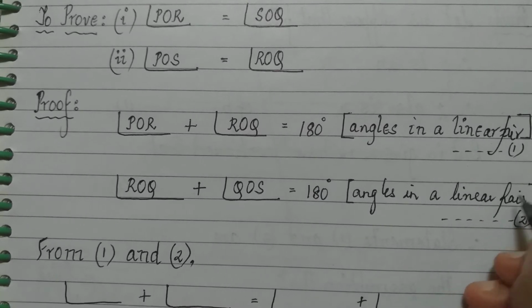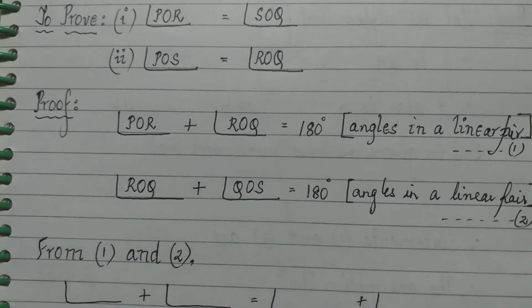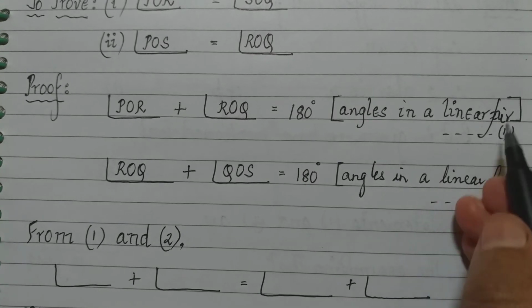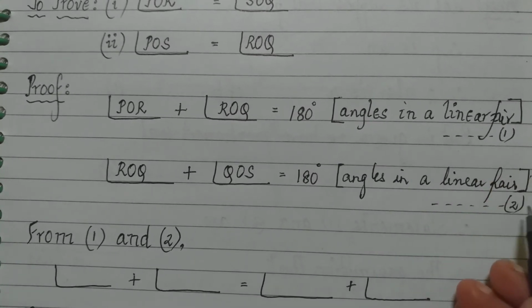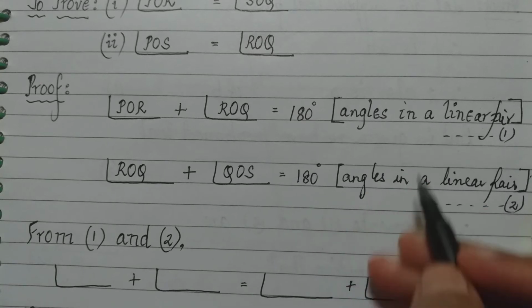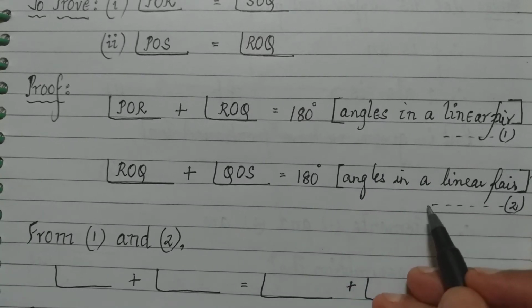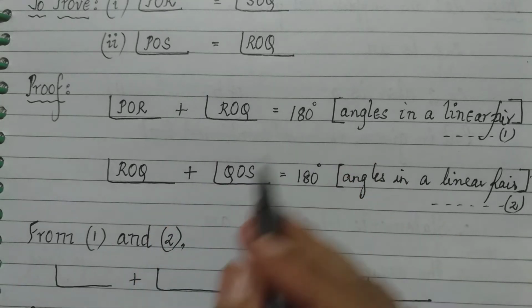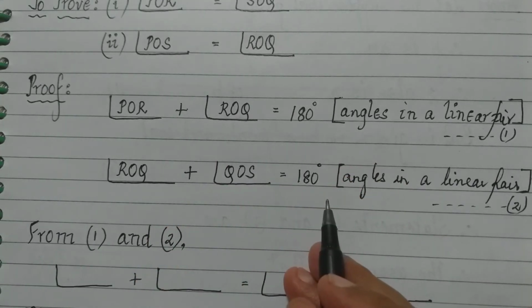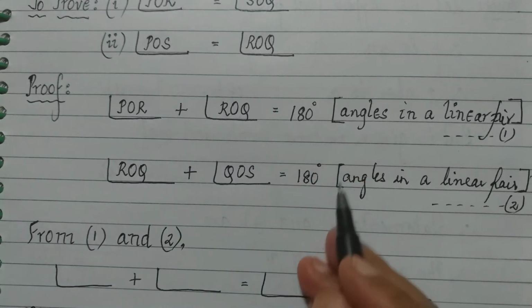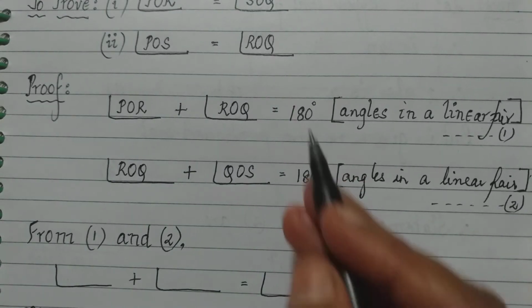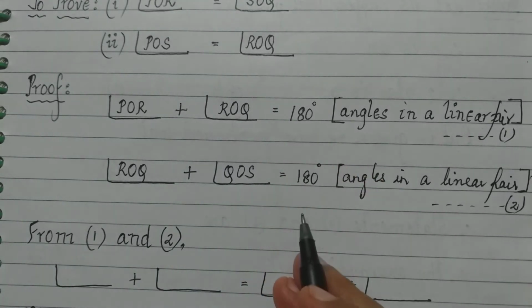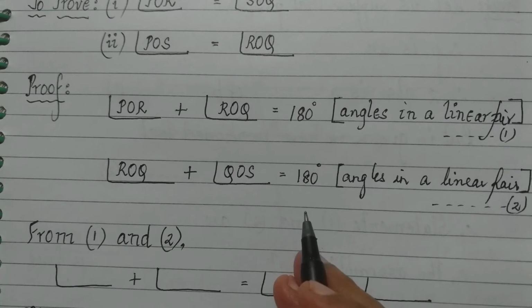Now these two statements which I wrote in the proof, I have marked them as 1 and 2. What is the reason I have marked them as 1 and 2? Because if you look at the right hand side of both these equations, you have 180 degrees. It means that both of these are equal to each other.